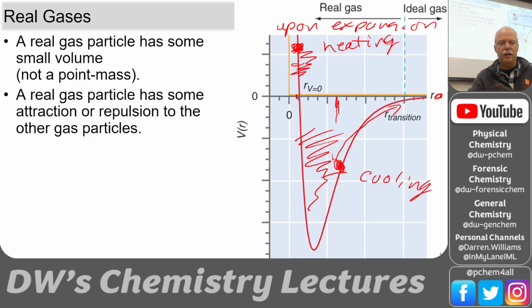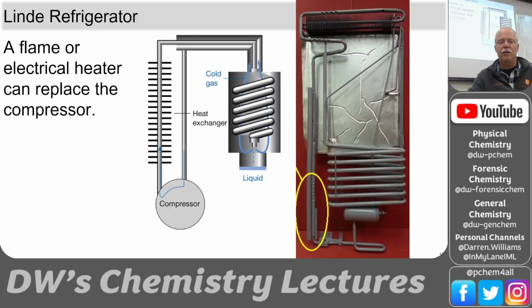Okay, so that's it. And we've used this concept to make our refrigerators. So this is the Linde refrigerator. It's a little weird. We can take this compressor out and we can put a flame here. I'm gonna draw a little flame, okay. And that's how an RV refrigerator works. So we got a propane tank. You know what a propane tank looks like, right?